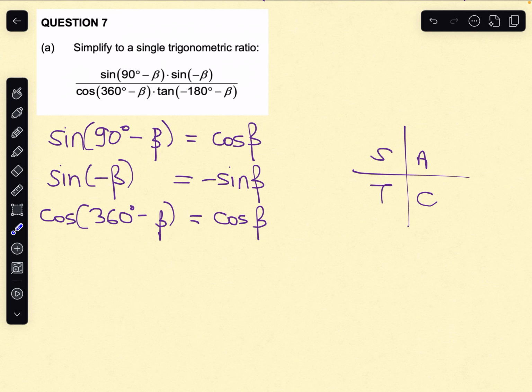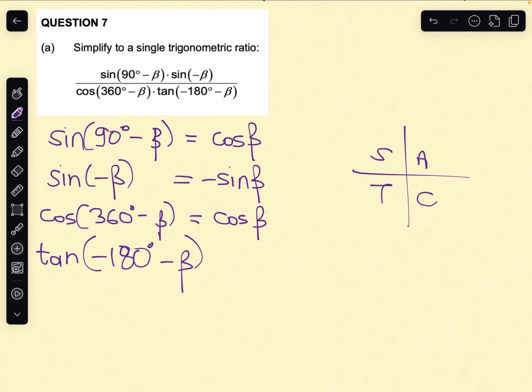Sine of negative beta, again, if beta is acute, would be in this quadrant, so then we know that the sine value will be negative, so it will be the same as negative sine beta. 360 minus beta also would land up in here, and we know that cos is positive here, so cos of 360 minus beta would be the same as cos beta. Right, but ultimately it is just a memorizing game. It's just about what tools you use to memorize.